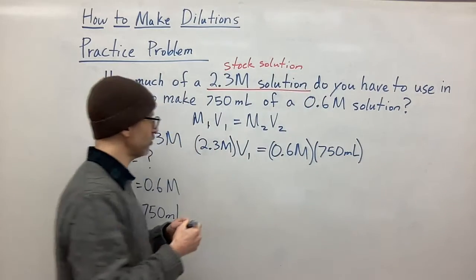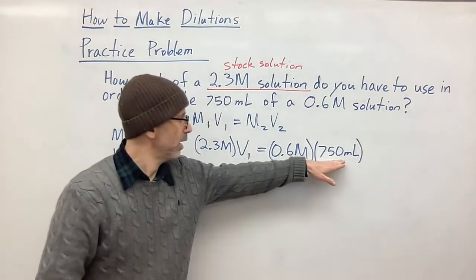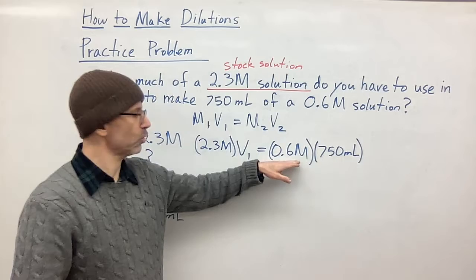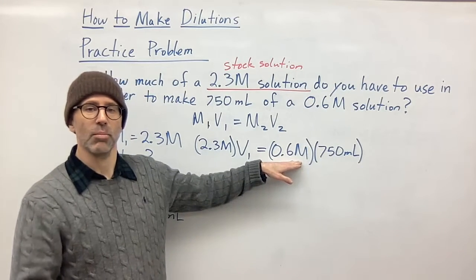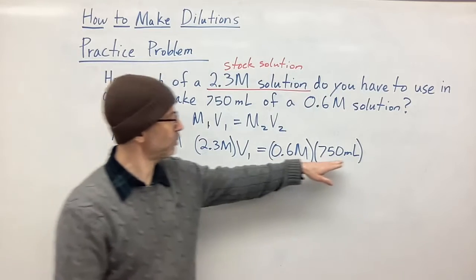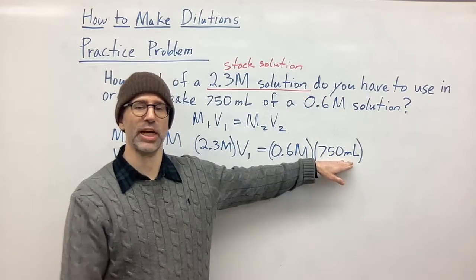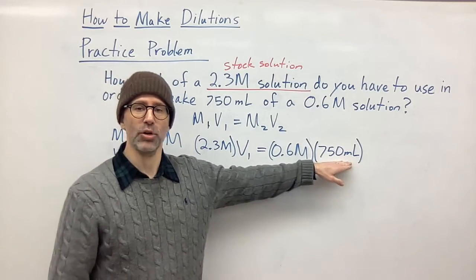Now, you'll notice that, well, Mr. Koval, why do you have milliliters there? We're dealing with molarity. Didn't you just say in a previous video that molarity is moles over liters? And so shouldn't we be multiplying this by liters? We need to change that to liters, Mr. Koval. What are you doing?